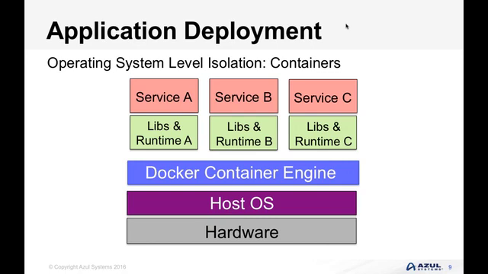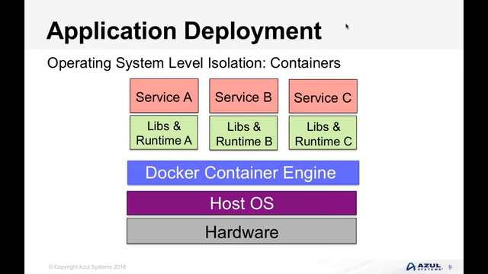Also, the services can be restricted in terms of the amount of resources that they can use through the Docker container. We can restrict to a certain percentage of CPU, we can restrict to a certain number of cores, we can restrict to a certain amount of memory.